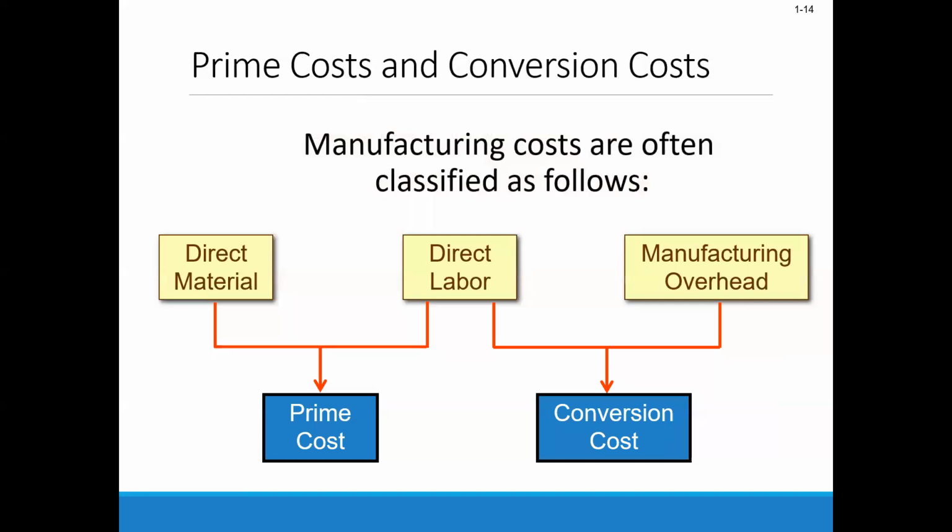Now, to just make it a little more confusing, there are prime costs and there are conversion costs. And guys, the best way to learn this is just to write them down. So when you have a quiz, you can go back and say, I know we talked about this, go find it, because you can use your notes. Thank God I don't have to memorize everything for taxes. I'd be in trouble.